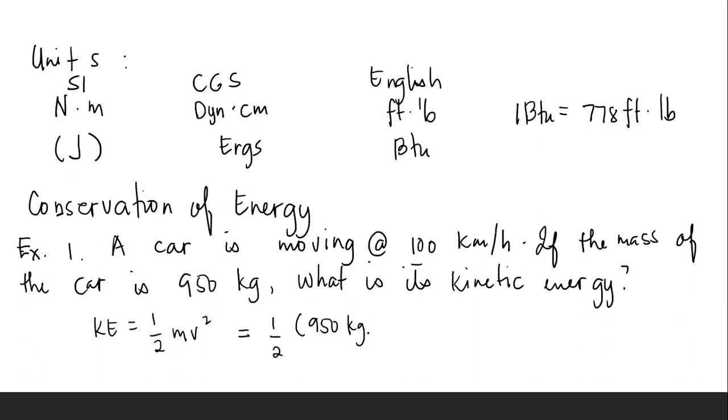Let us convert first. 100 kilometers per hour. 1 kilometer is equal to 1,000 meters, and 1 hour is equal to 3,600 seconds.